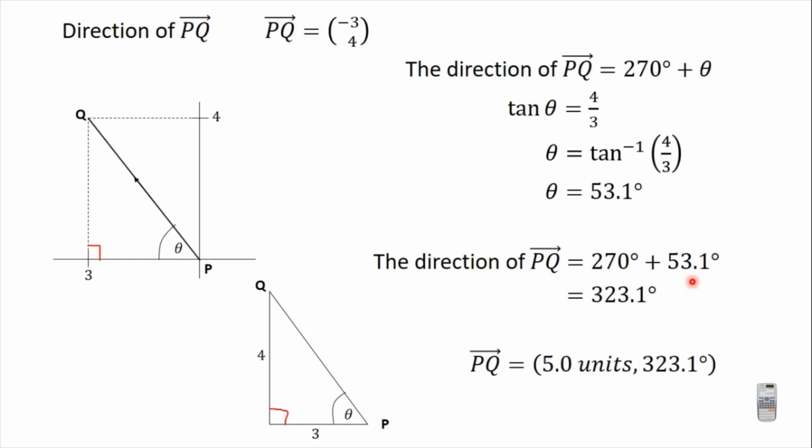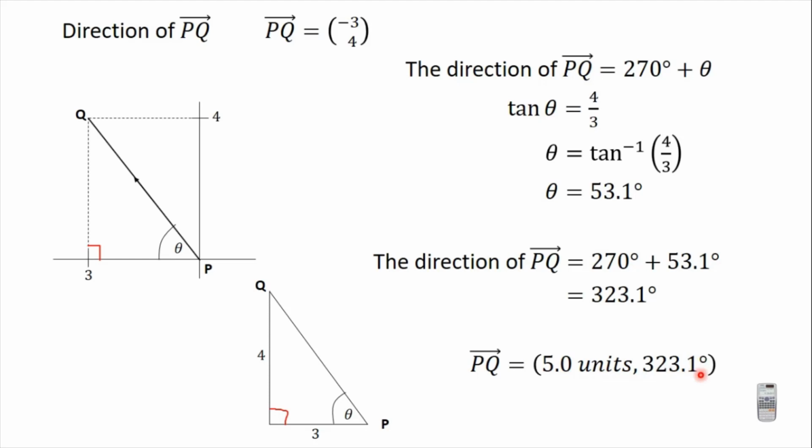So we can say that vector PQ, which is -3, 4 in the column or component form, is the same as 5 units, 323.1 degrees in the magnitude bearing form. So 5 units is the magnitude and 323.1 degrees is the bearing or the direction.